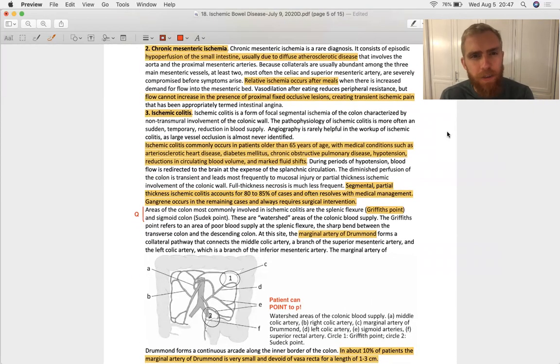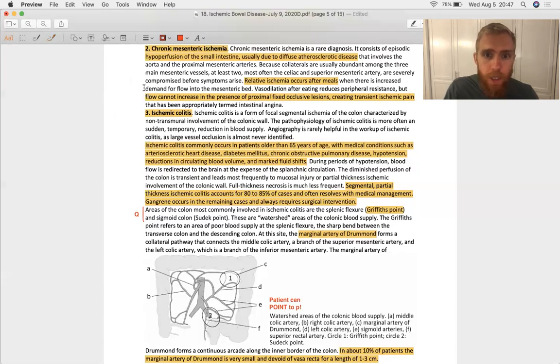Chronic mesenteric ischemia. Mesenteric or small bowel ischemia does not tend to be chronic. If it's chronic, it is absolutely related to atherosclerosis, and something that might help you pick it out: relative ischemia occurs after meals when there is an increased demand for flow into the mesenteric bed.